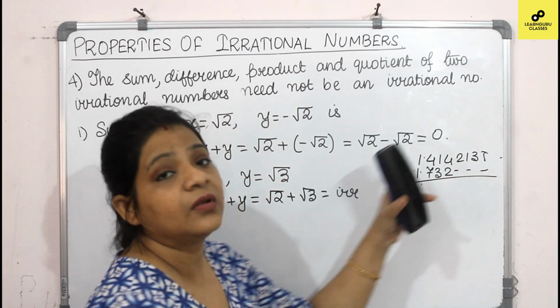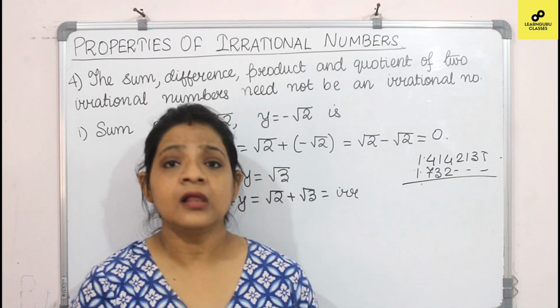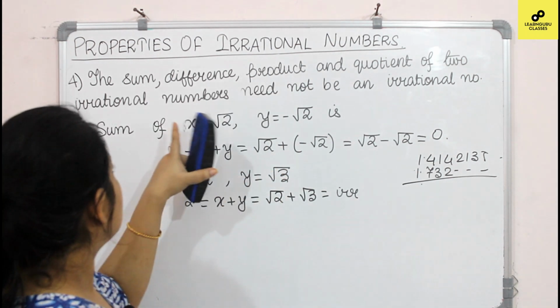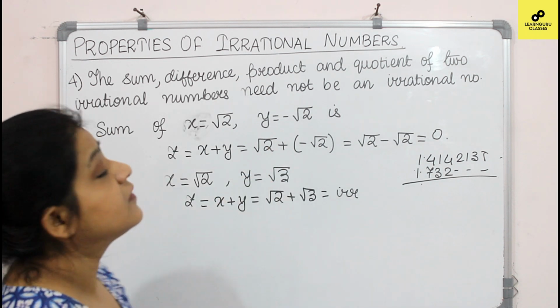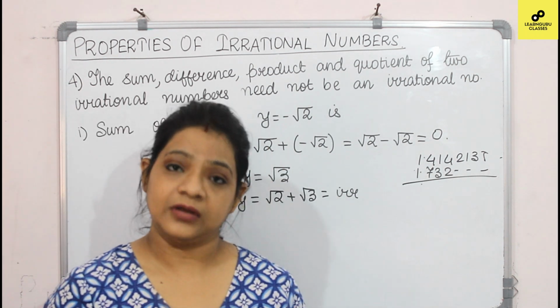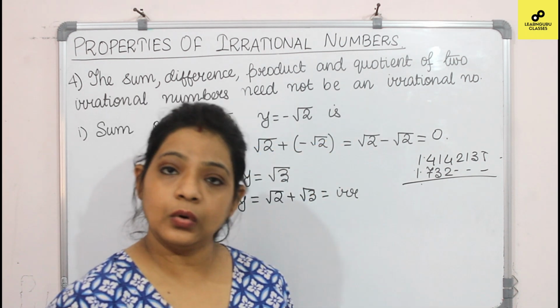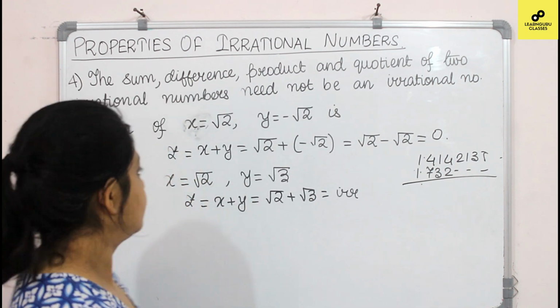So the result that you will get will also be a non-terminating, non-repeating decimal. So that is an irrational number. So this is the case where the sum of two irrational numbers may not always be an irrational number. Exception is this. Okay, now let's move on to the next statement.